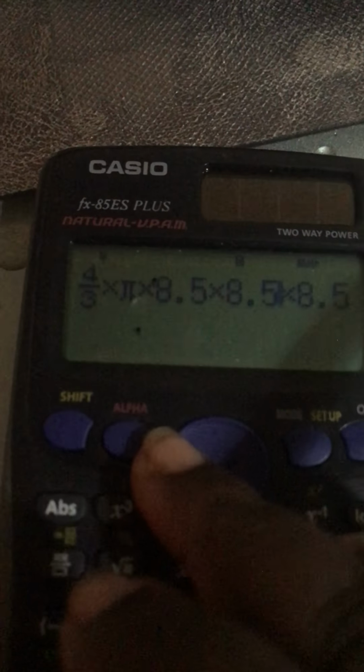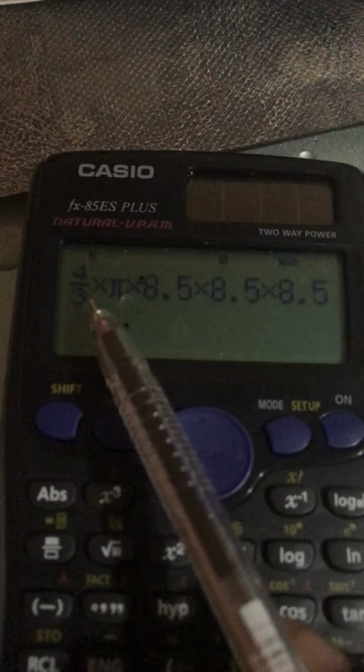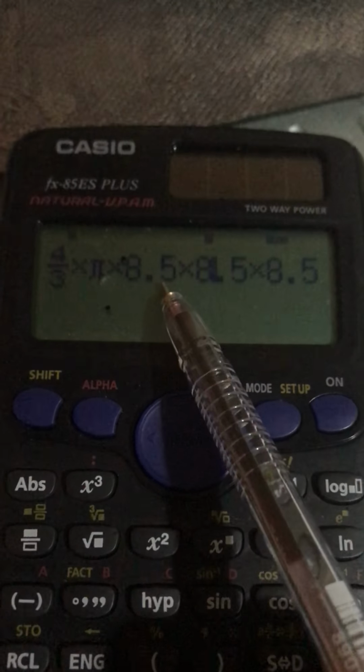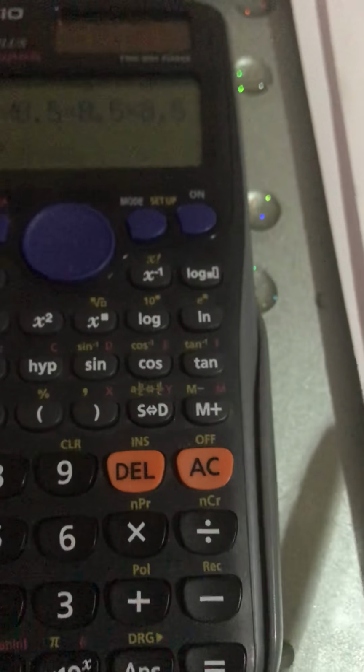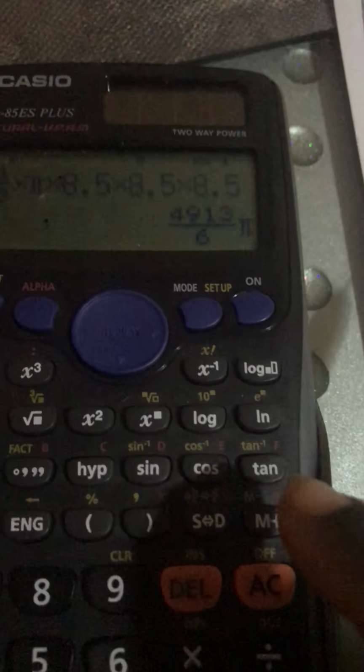If you take your mouse like this, you see 4 out of 3 times pi times 8.5 times 8.5 times 8.5. Then you press equal, and what do you get?